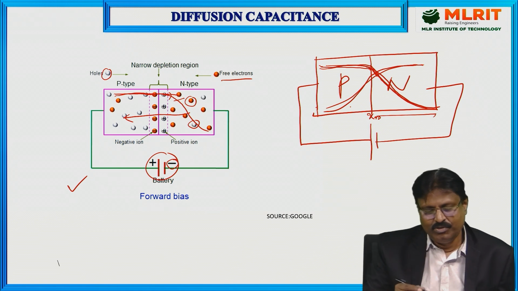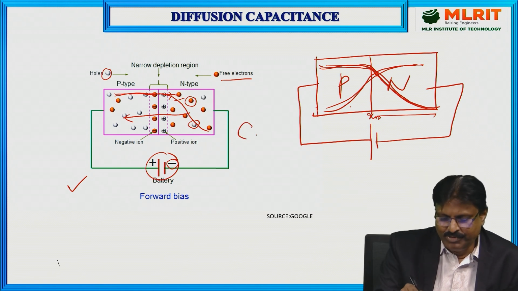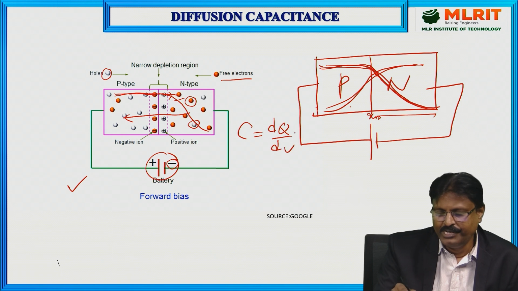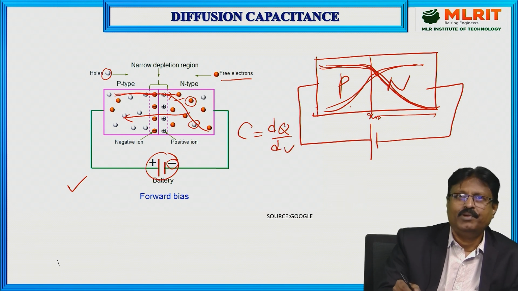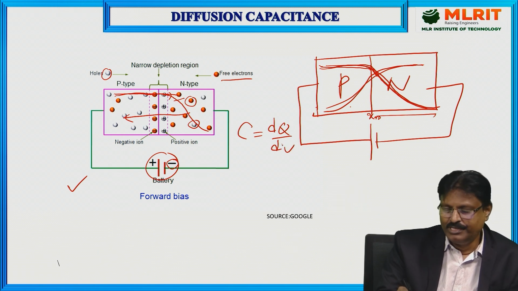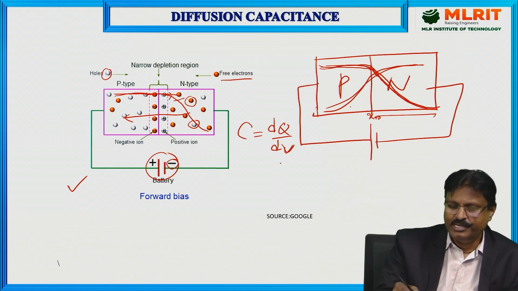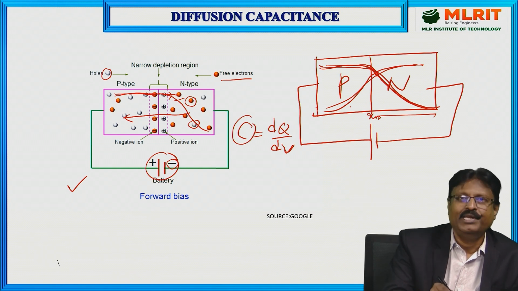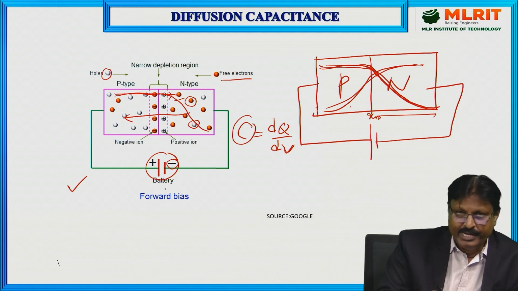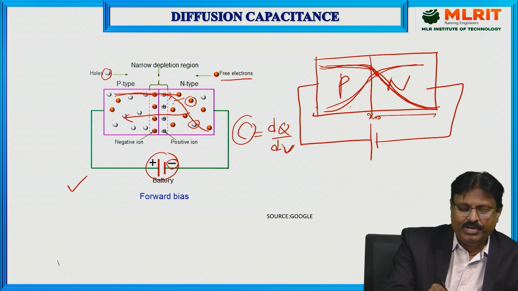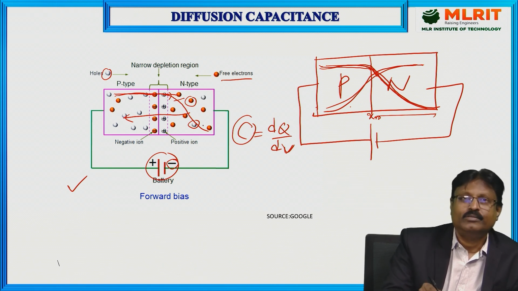As you can see, we can write the capacitance as dq by dv, the variation of the charge developed inside the device in accordance with the voltage applied. That is nothing but a capacitive effect. The same thing is happening here. We are applying a forward biasing voltage, and we see injected carriers stored inside the device on both sides, the P side and the N side.